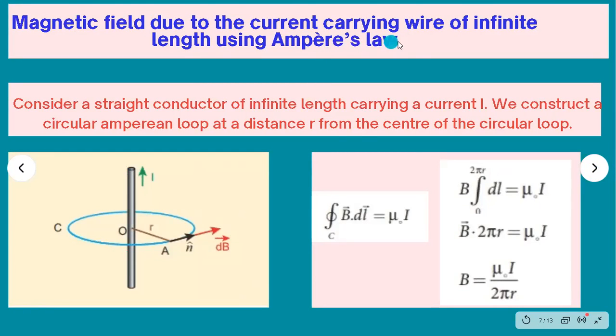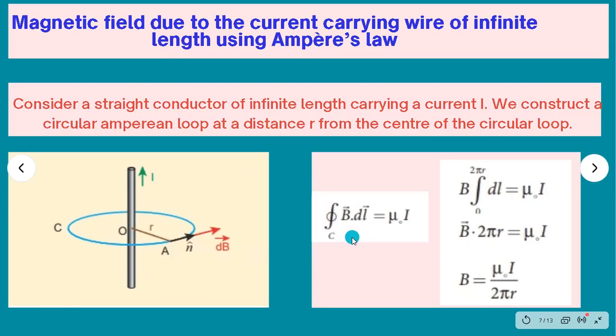Magnetic field due to the current carrying wire of infinite length using Ampere's law. For this, we consider an Amperian loop of radius r if we want to find a magnetic field at the point A, which is at a distance of r from the conductor.